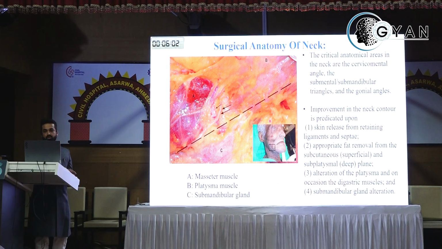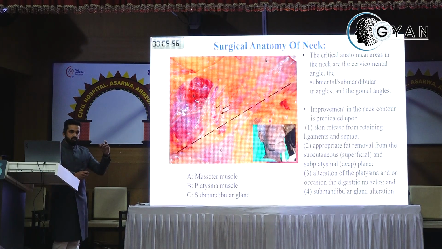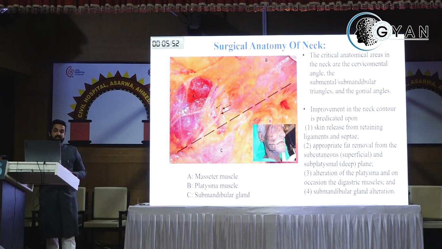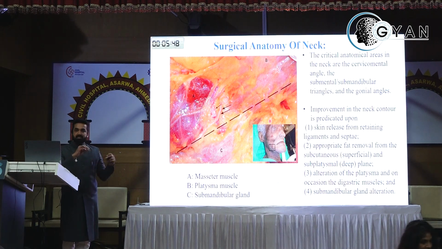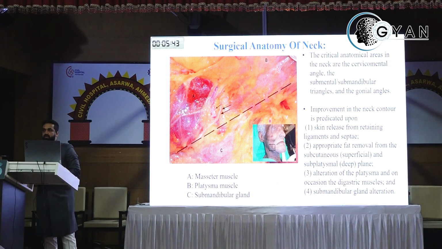So the improvement of the neck contour is predicted by the skin release. And of course we spoke about those toothpicks. So you have to release those toothpicks. And there is a notion that over a period of time as we age, there is a laxity of the ligaments. But there is no actual data to support this claim.